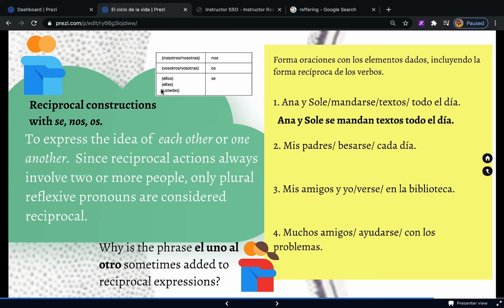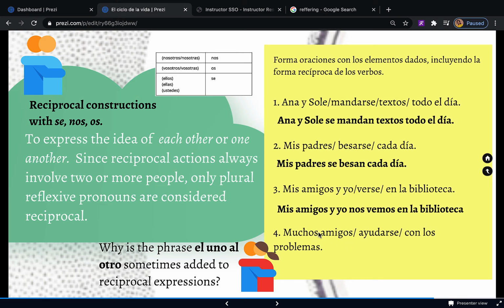Mis padres, they, ellos. Mis padres se besan cada día. How sweet. Mis amigos y yo, my friends and I, so that will be us, right? Nosotros, so you have nos there. Nos vemos, mis amigos y yo nos vemos en la biblioteca. 4.